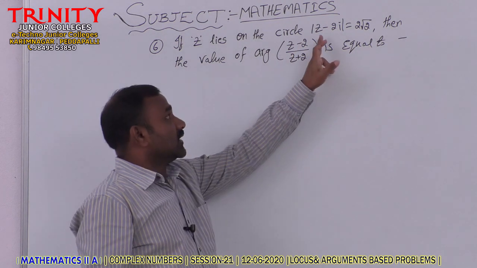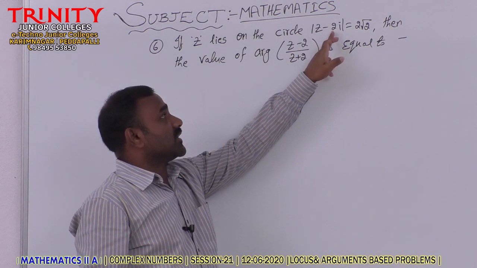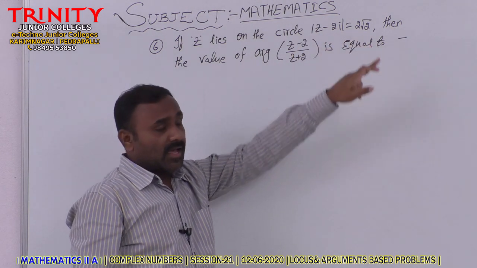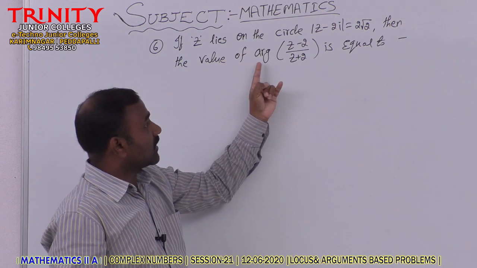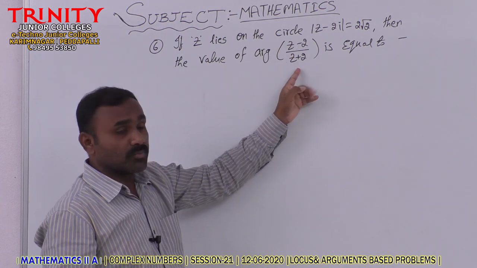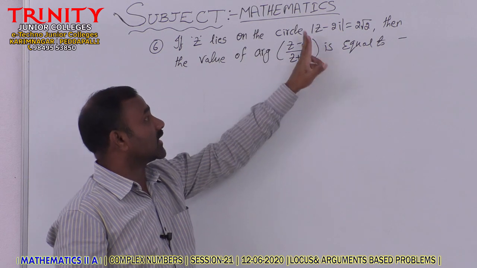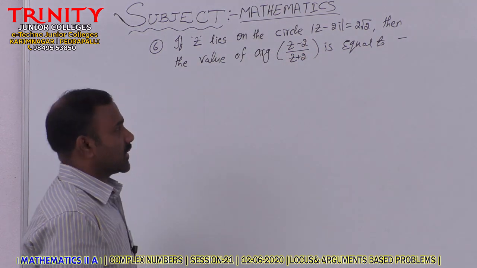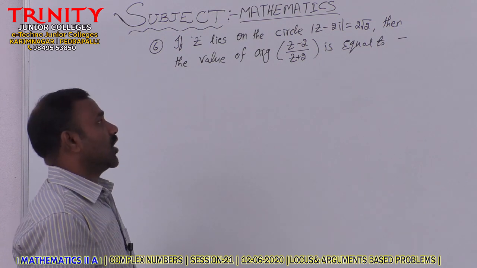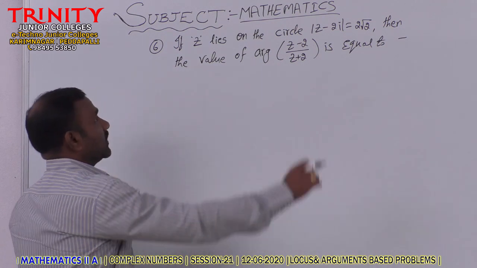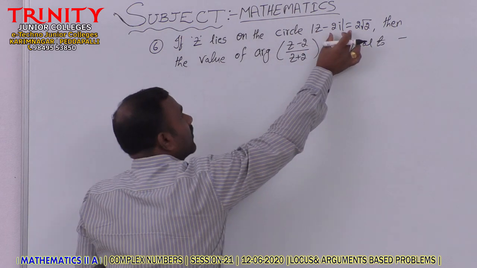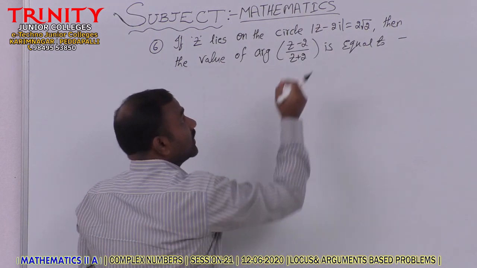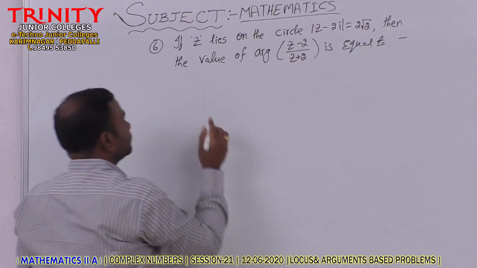One is the circle equation. And the other, to get the argument, we have to calculate what complex number (z minus 2) by (z plus 2) is represented by. First, by using this condition, we have to find the equation of the circle.